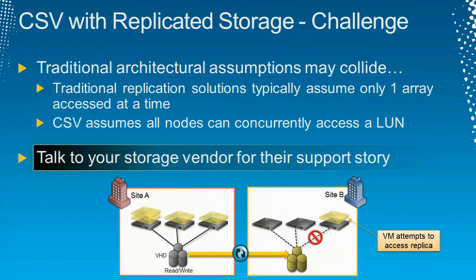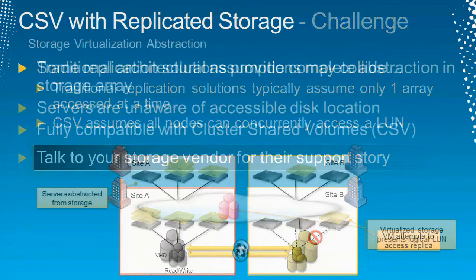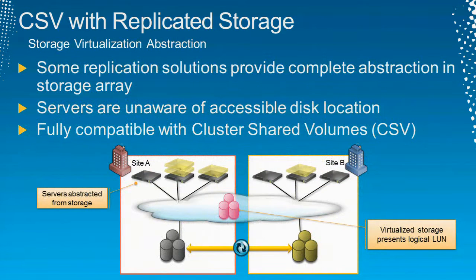So if you're using CSV and you want to use storage replication, you should definitely talk to your storage vendors. Some of the storage vendors have a solution which works with CSV. For example, HP and EMC and also DataCore all have a storage virtualization layer which provides a mechanism in which they see the storage and provide a virtual storage to the clusters.